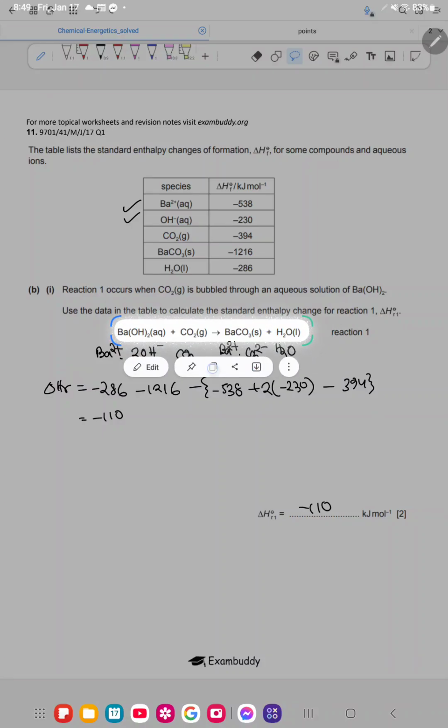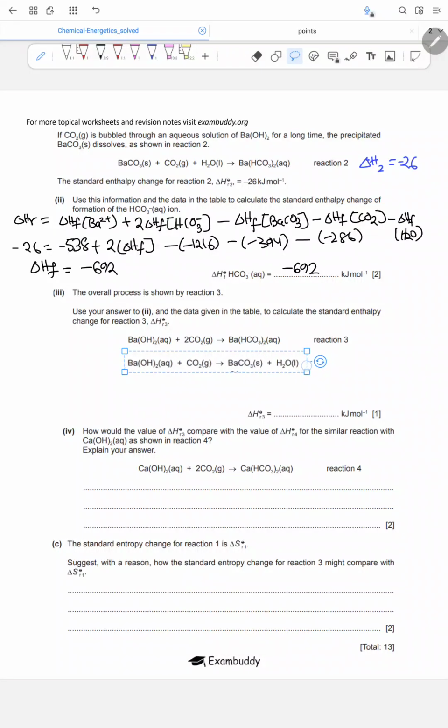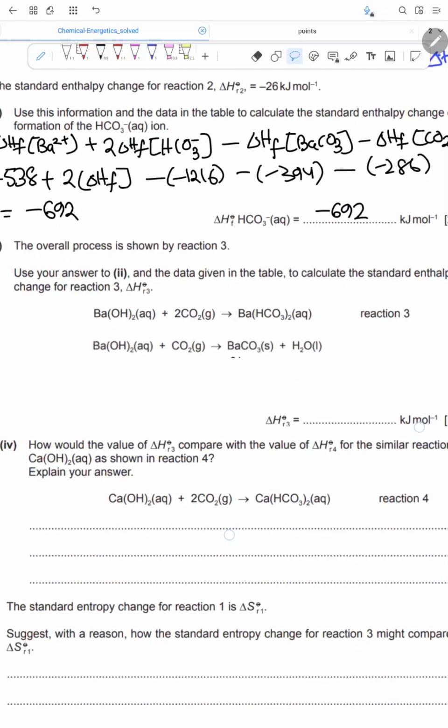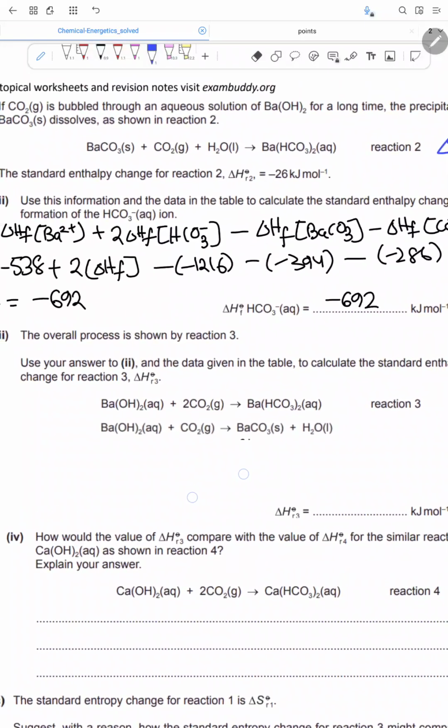So we'll take this equation and put it over here. Let's compare. We'll compare these two equations. So we have 2 barium hydroxides. We have one equation. We have another equation. Barium carbonate 1.